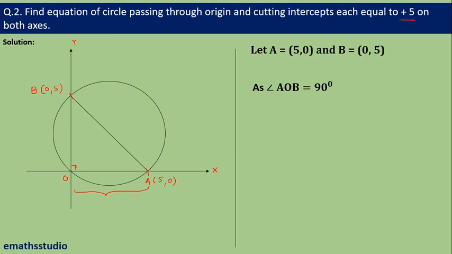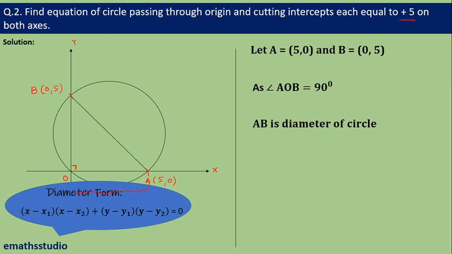Angle AOB is 90 degree, that means AB is diameter of the circle. And then one can use the diameter form. According to diameter form, we can write equation of circle as (x − x1)(x − x2) + (y − y1)(y − y2) = 0.